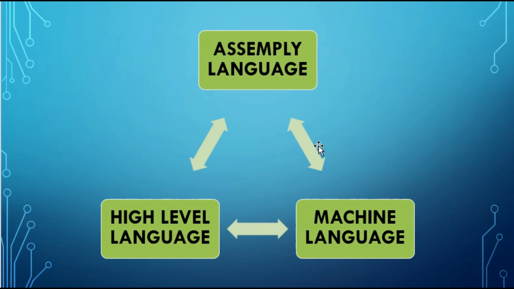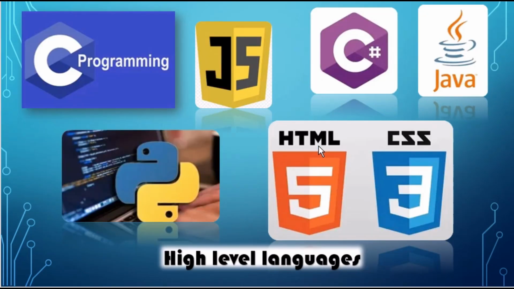When interacting with a computer, that is the human-machine interaction, there are three types of languages. We have the high-level language, we have the assembly language, and we have the machine level language, which is the low level language. High level languages.